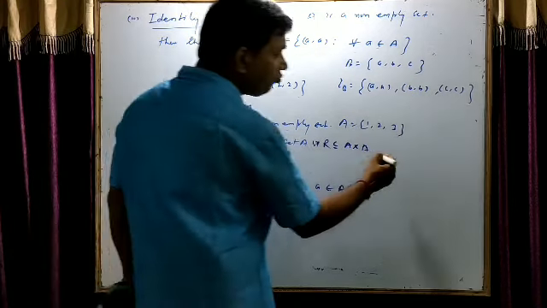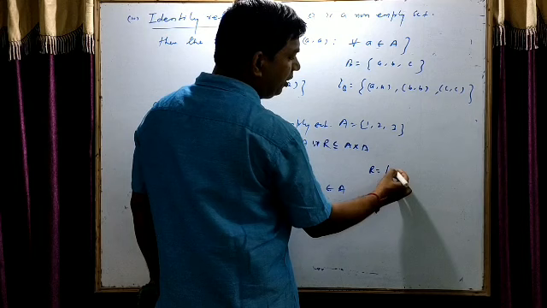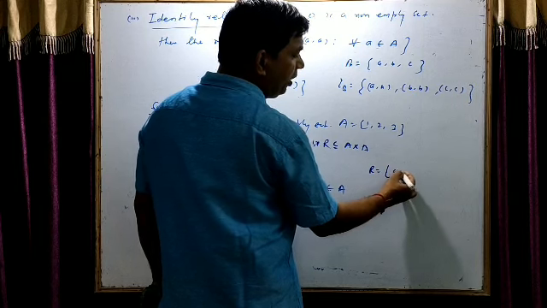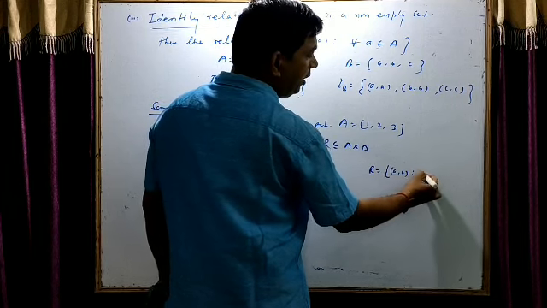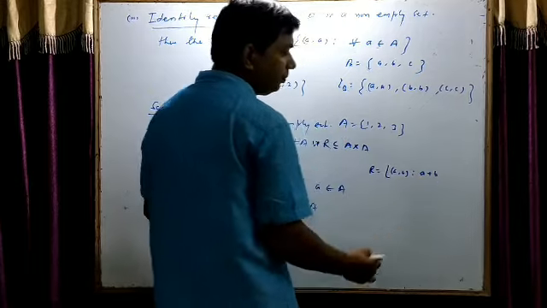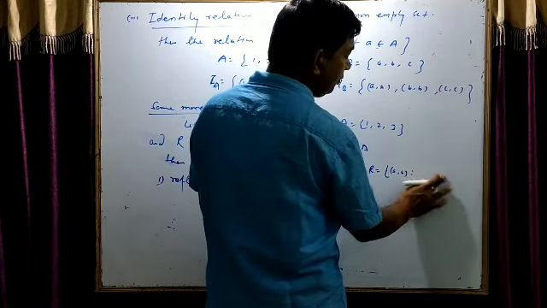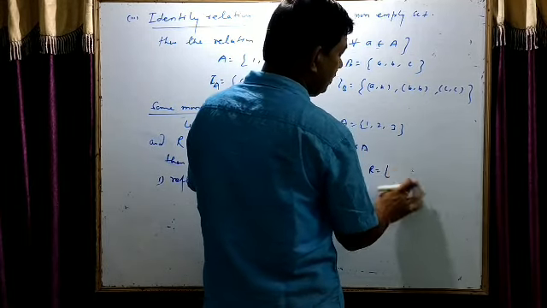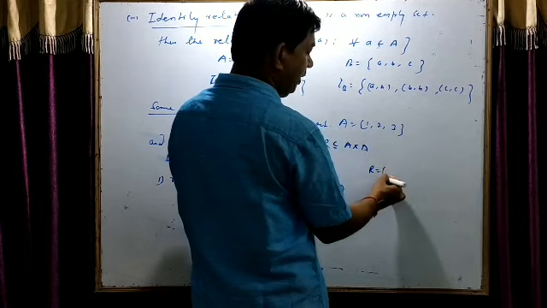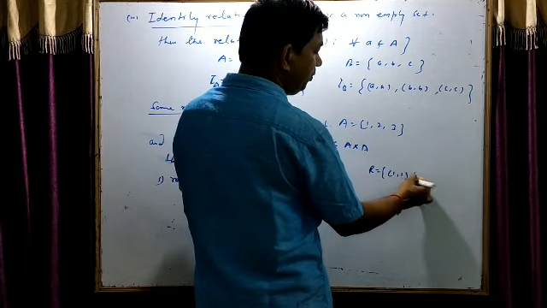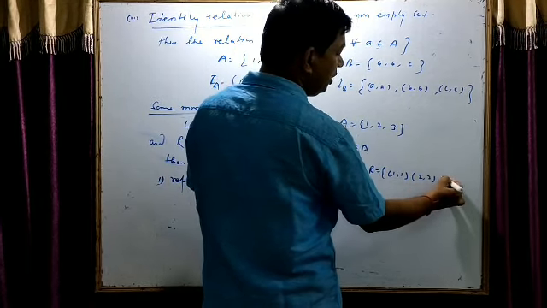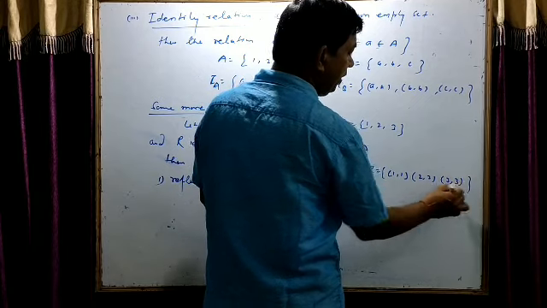Like this, suppose I take a reflexive relation, like (1,1), (2,2), (3,3).